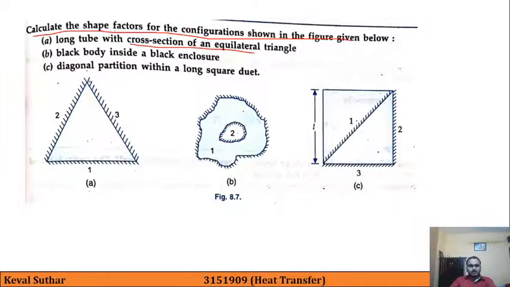Here it looks like a triangle and it will have a very large length. Second is a black body inside a black enclosure. Third is a diagonal partition within a square duct.